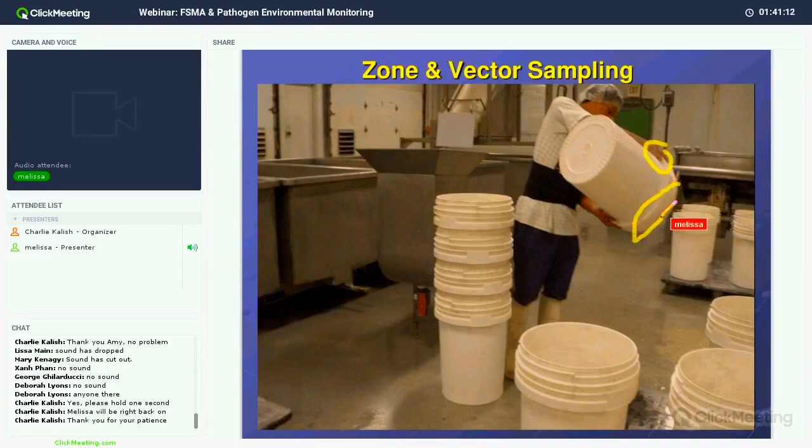The bucket itself is a zone 1 because food's contained in it directly that won't be cooked. Actually, the bucket gets inverted over the product stream in these bins here, so the inside of these bins is zone 1. That, since the bins get inverted from these plastic pallets here, that makes these plastic pallets really effectively zone 1 surfaces because the containers touch them.